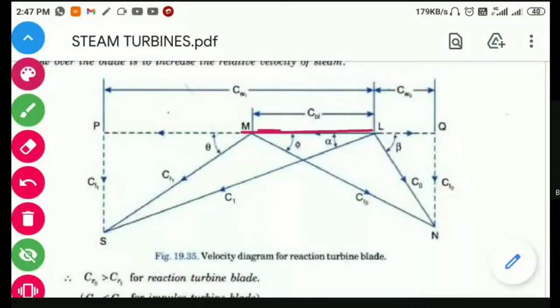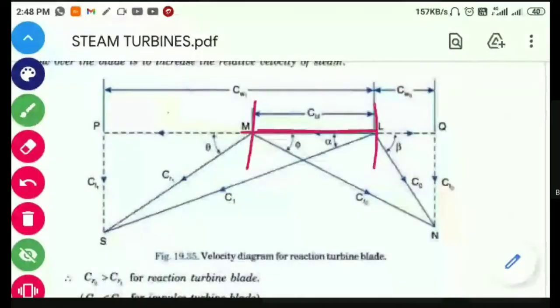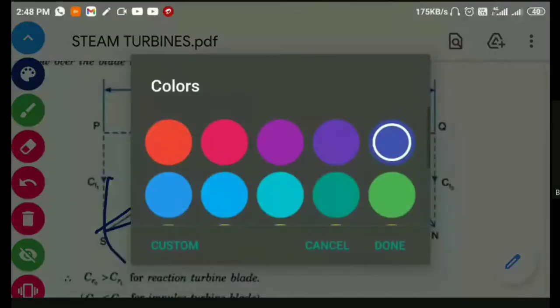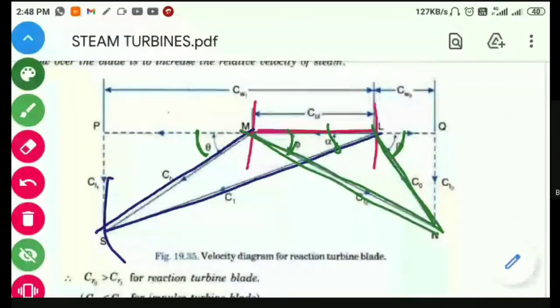After that, take the angles: you get one point. Again take one more angle, 35 and 20. Both of these are 35 and both of these are 20.